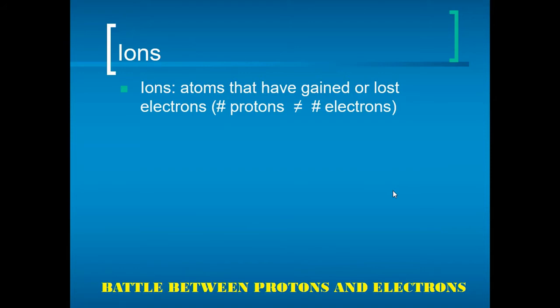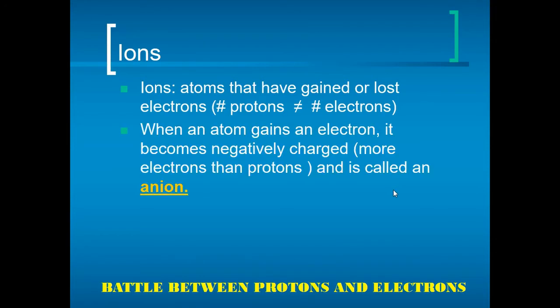They want 8, and they're going to do what they can, whether that be by ditching electrons or gaining electrons from another atom. Okay. When an atom gains an electron, it becomes negatively charged because it has more electrons than protons.